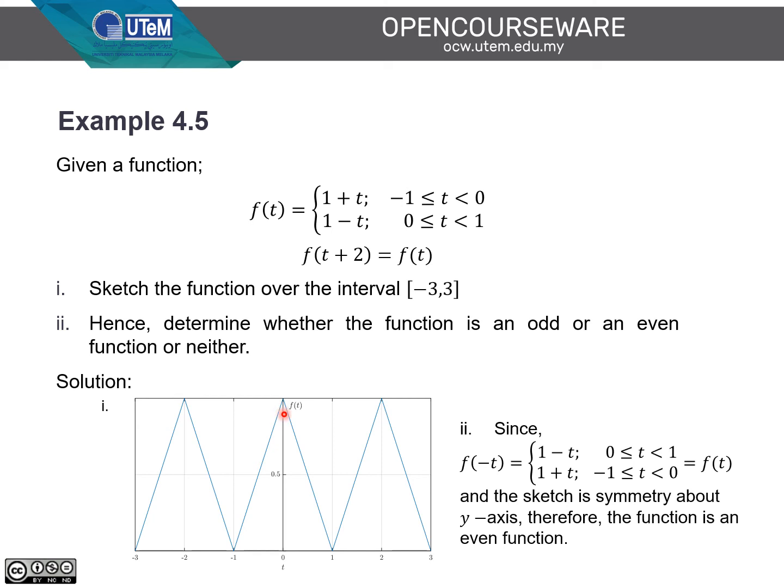On the other hand, from 0 to 1, the plot of 1 minus t is as shown in the figure. Then we extend the plot from -3 to 3 by repeating the same plot.